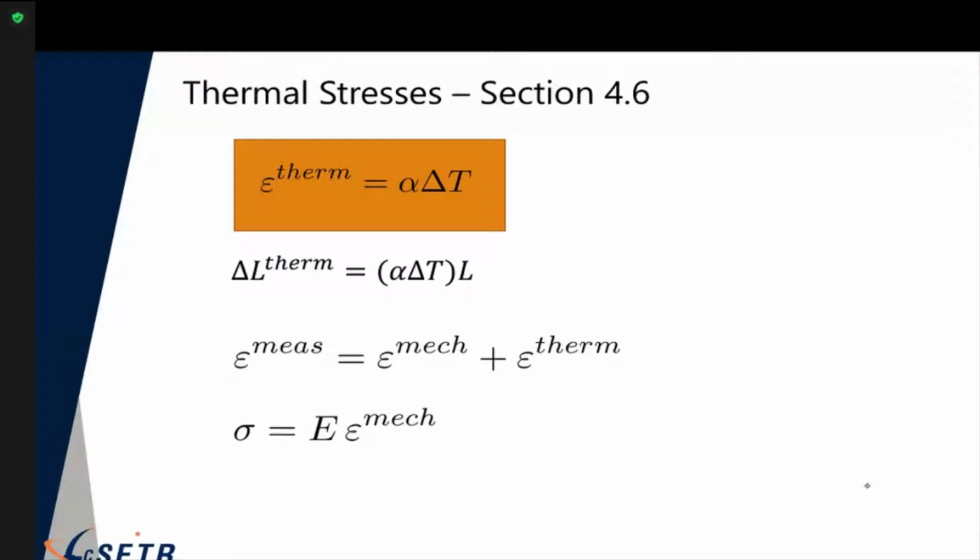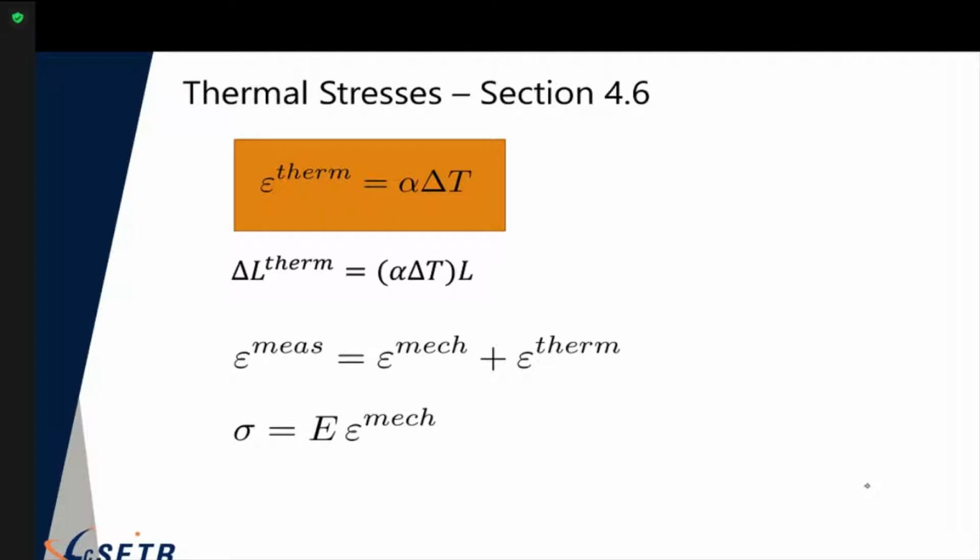All right. Section 4.6 deals with thermal stresses. This is a rather straightforward concept. You've probably seen this in physics 1 already, or if not, unfortunately, some people may have seen it over last week's freeze. As we have temperature changes on materials, whether they're metals, fluids, or even gases, with the ideal gas law, with temperature change there is an associated expansion.